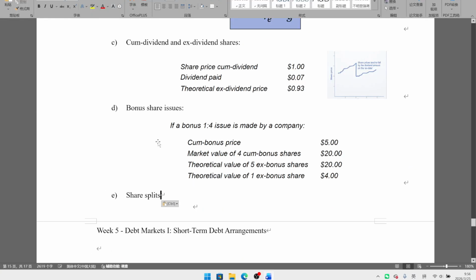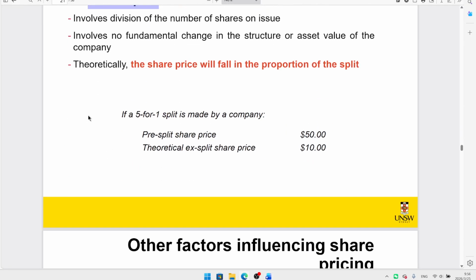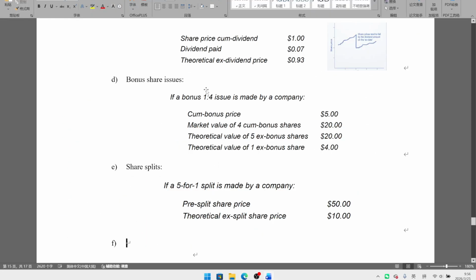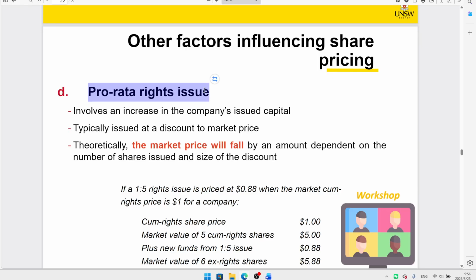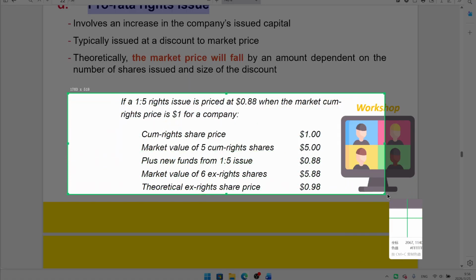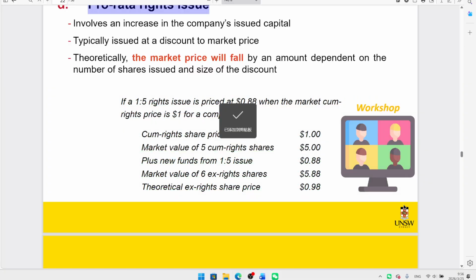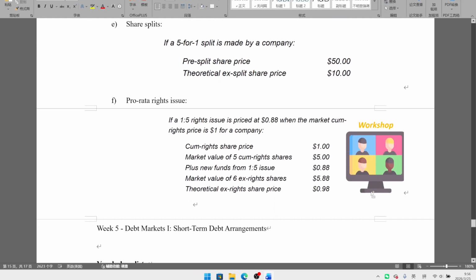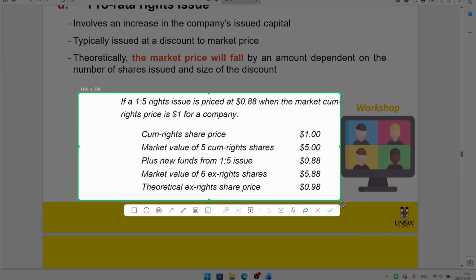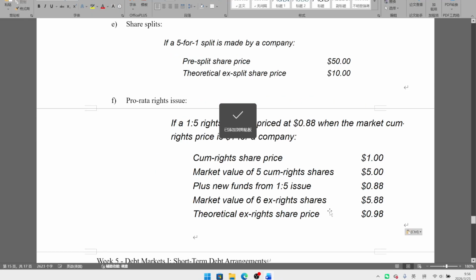Just divide by the split amount, 5 in 1, divide by 5. And pro rata rights issue means the share issue is at a discount, and we just need to calculate with the following methods.